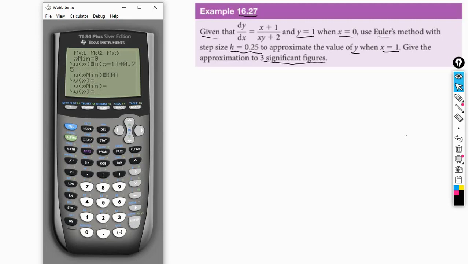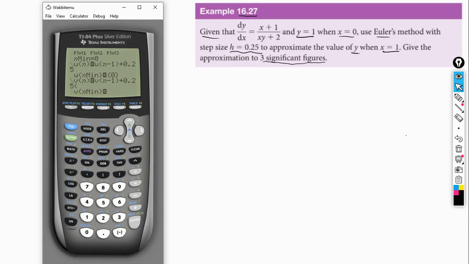Now we have to type v of n. We have to be careful here with parentheses. So it's going to be the previous v, or the previous y. So we go second 8, v of n minus 1, plus h, which is 0.25, times, that's the first parenthesis, and then here we have to write x plus 1.